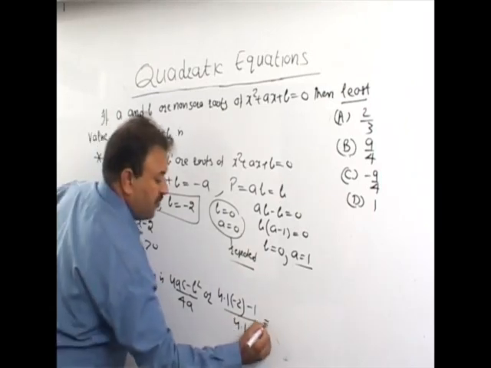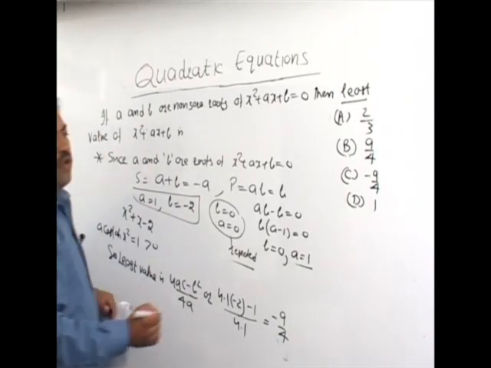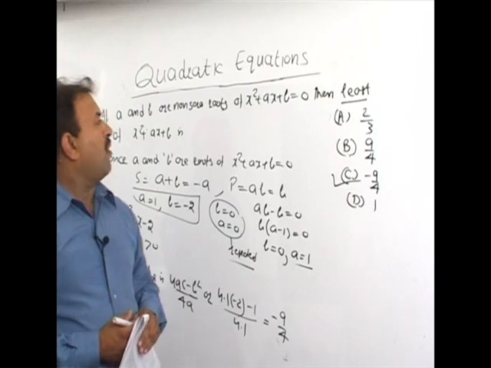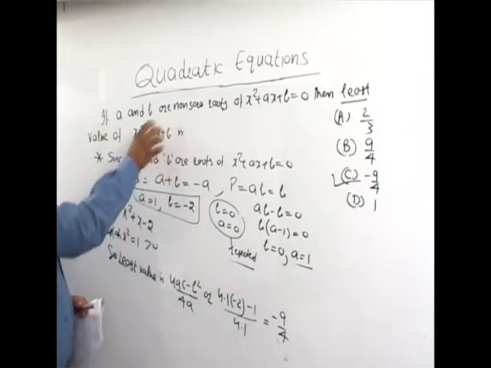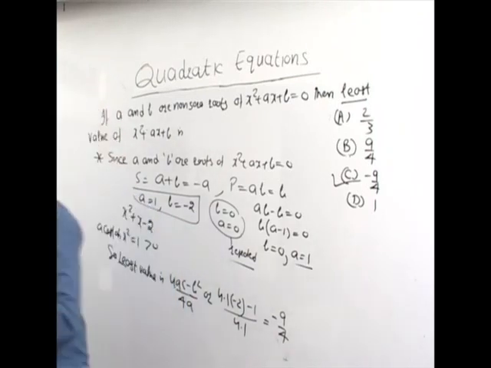This is equal to minus 9 by 4. So, we got the right option as C. This is the first problem based on the least value of a quadratic expression. Now, we will do another problem.